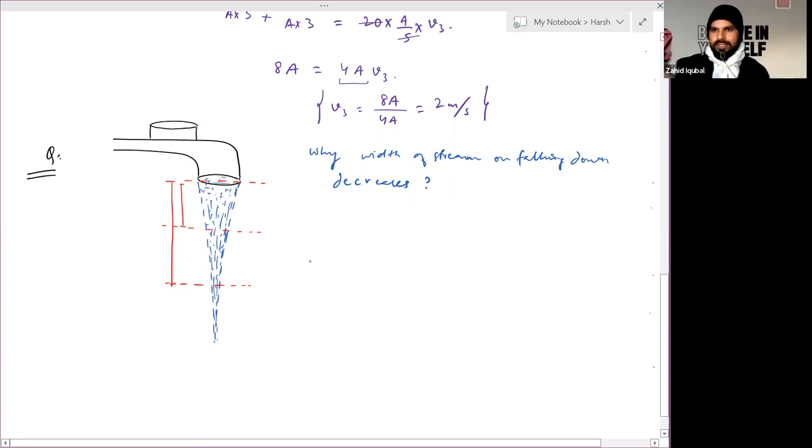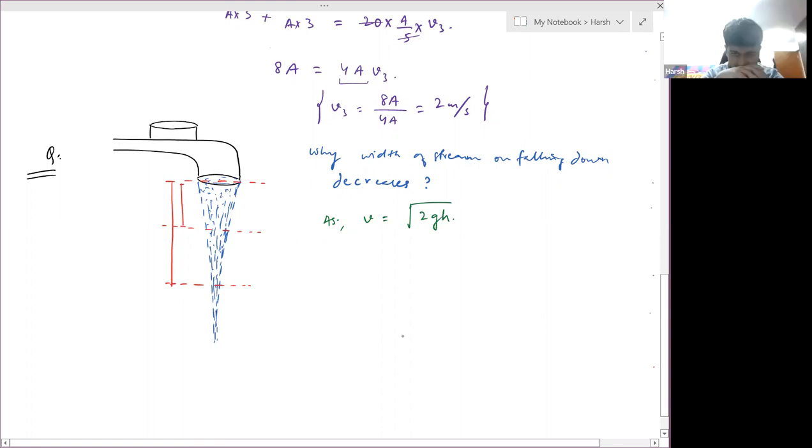And while falling down under gravity, you must have used V equals to simply root under 2 times of h. So we can say on falling down, height increases, so consequently velocity also increases. Is it clear?